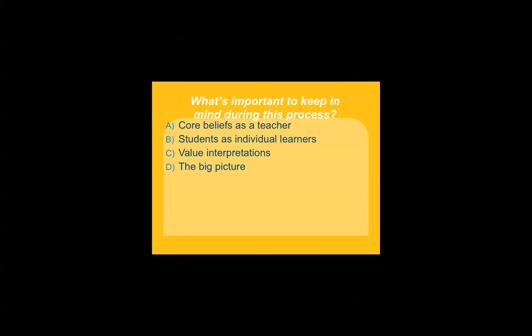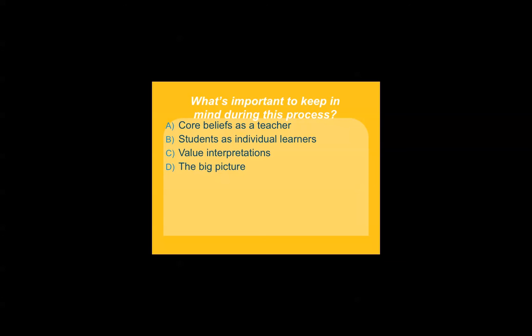So as we unpack our standards, one of the big things that is important for us to do is think about what's important to keep in mind during this process. Well, we have to respect the beliefs of the teacher, students as learners, and interpretations. When you're unpacking standards, people are going to have different pictures of what things are going on and what skills are important, and you're more than likely going to be pretty close on the same page. And the big thing is that we have to look at the big picture.